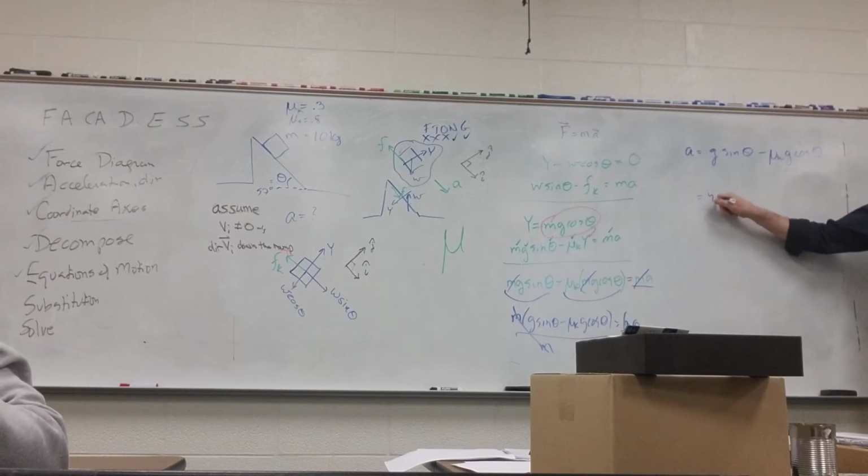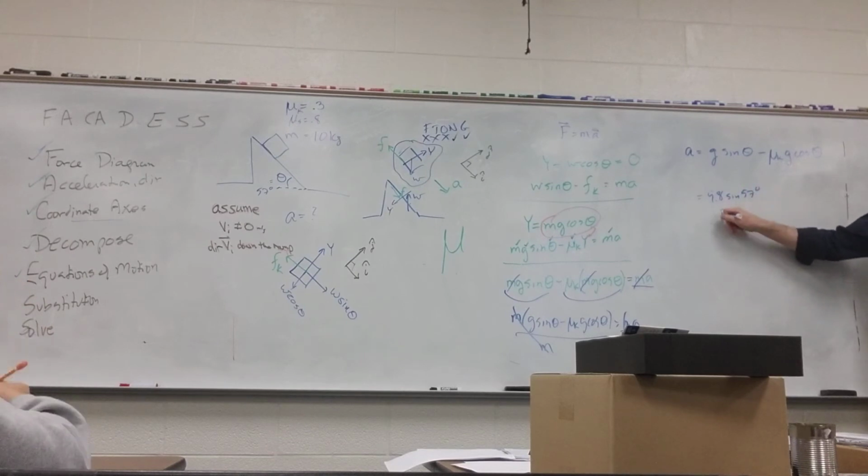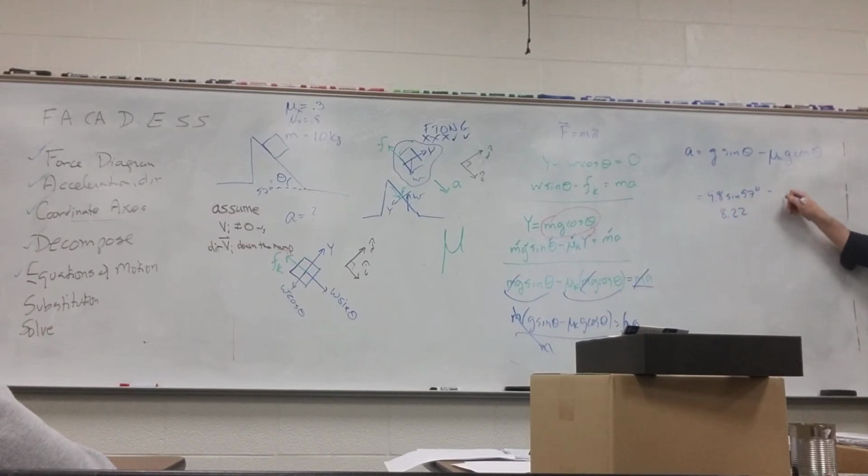So this is 9.8 times the sine of 57 degrees, which I think is 8.22, if I recall correctly, minus 0.3 times 9.8 times the cosine of 57 degrees.